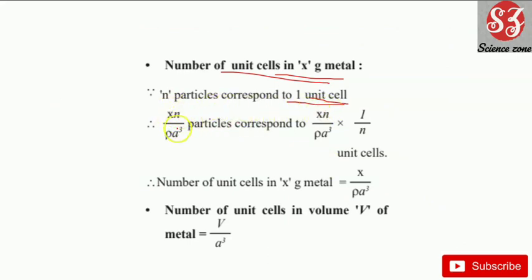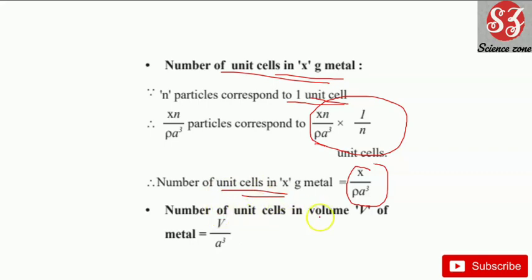Therefore xNa upon M particles correspond to xn upon density into A cube into 1 by n unit cells. Okay, because 1 unit cell is having n particles, you have to do that to find out the total number of unit cells. And if you do that, you will get the answer x upon density into A cube. So this is the number of unit cells in x gram of metal.